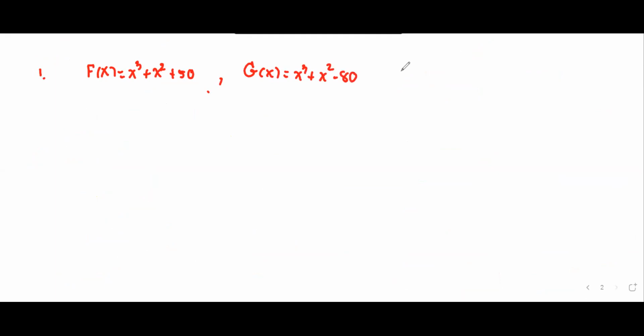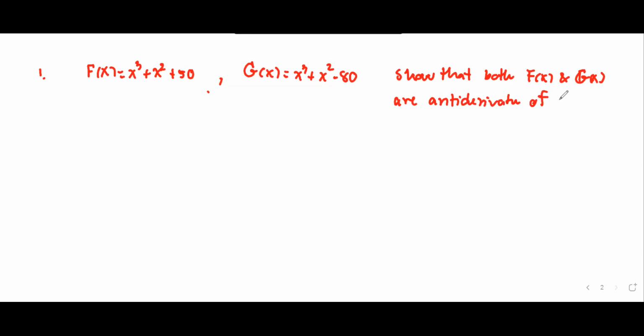We're gonna show that both uppercase F and uppercase G are antiderivatives of f of x equals 3x squared plus 2x.